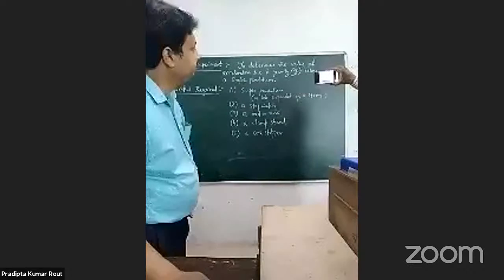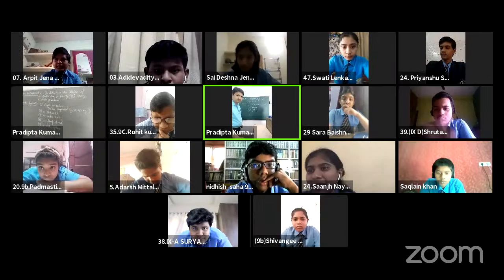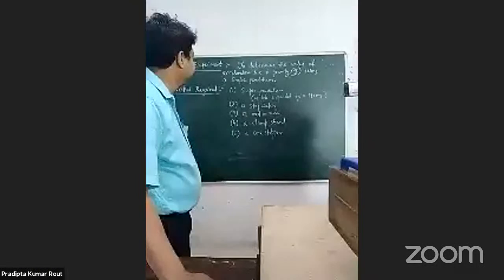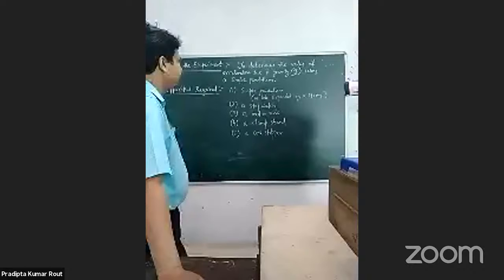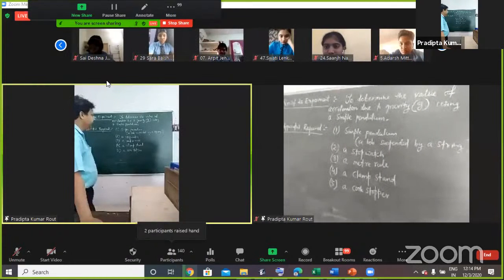So these are the apparatus required: simple pendulum, that means a ball suspended by a string, a stopwatch, a meter rule, a clamp stand, and a cork stopper.